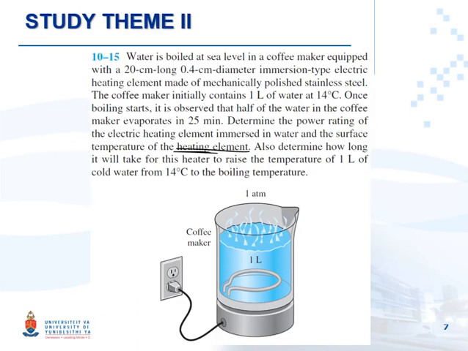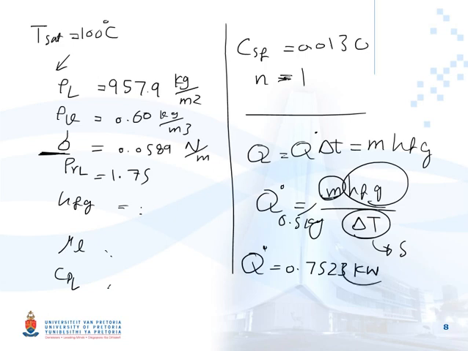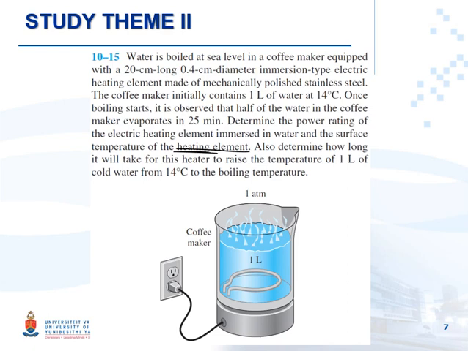Because it says half of the water. So 1 liter divided by 2, half a liter of water, so half a kilogram, 0.5 kilogram. HFG we read from the table. So Q dot is 0.7523 kilowatt. That is what the question was asking.